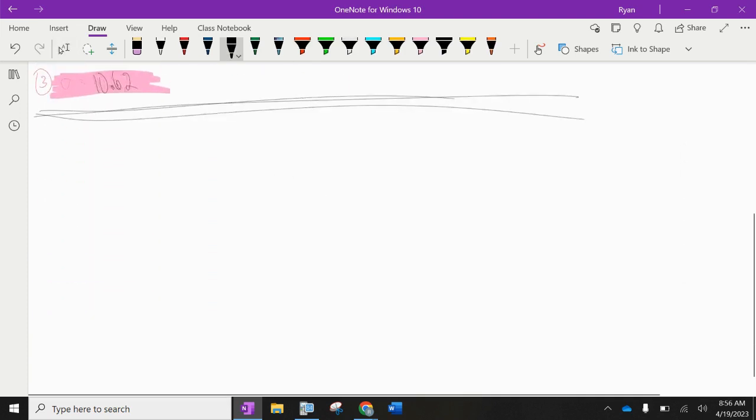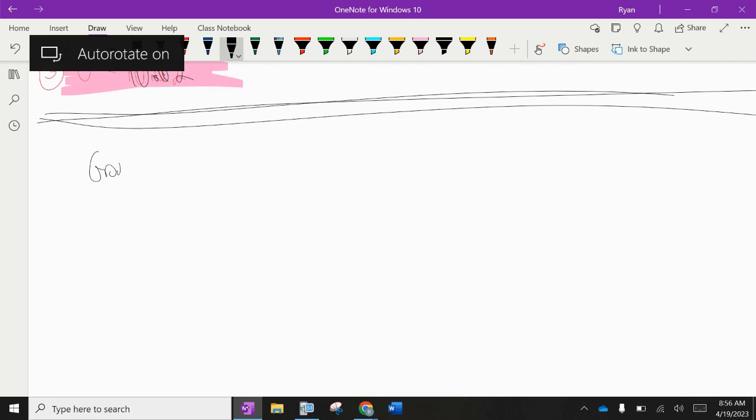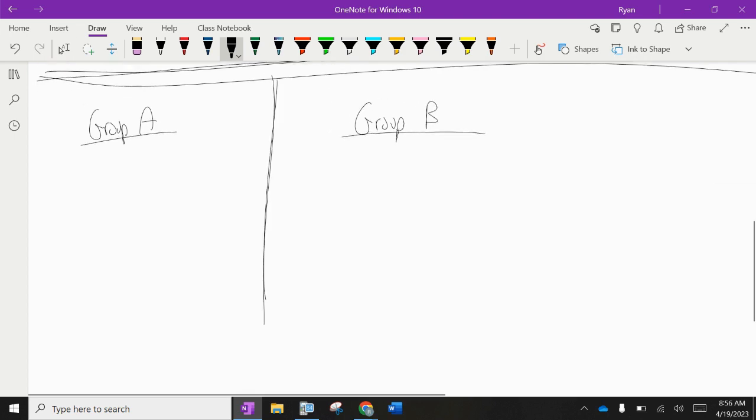Know how to use our calculators to evaluate those. Instead of calculating, I want you to interpret what's going on here. Two groups. There's group A, there's group B. And let's say, again, we're just looking at test scores.